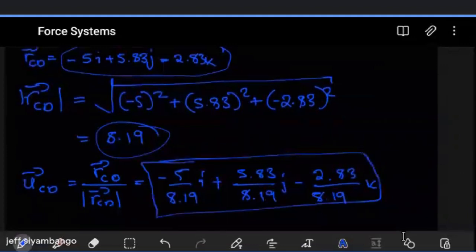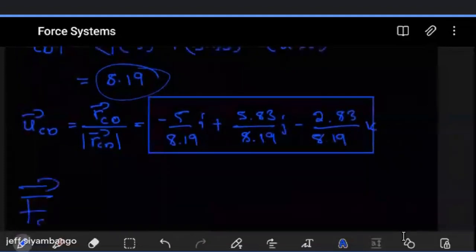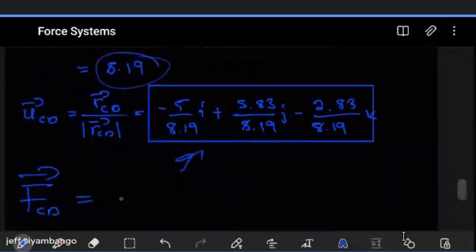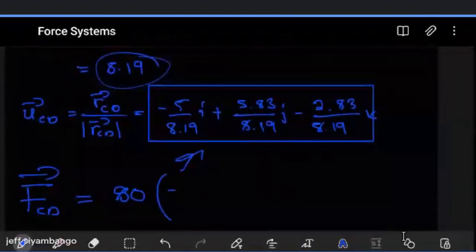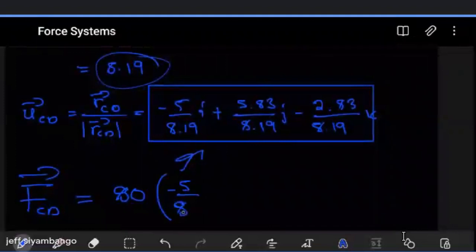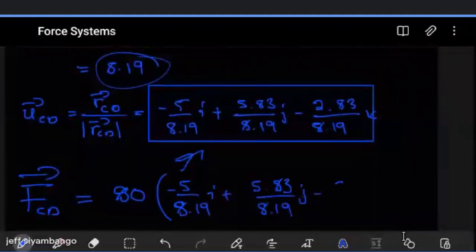Once we have our unit vector, we can then get our force. Our force running from C to D, since it has the same direction as the unit vector, you can write it as the magnitude of the force, which is that 80 pounds, multiplying our unit vector. Now, unit vector is minus 5 over 8.19 i plus 5.83 over 8.19 j minus 2.83 over 8.19 k.